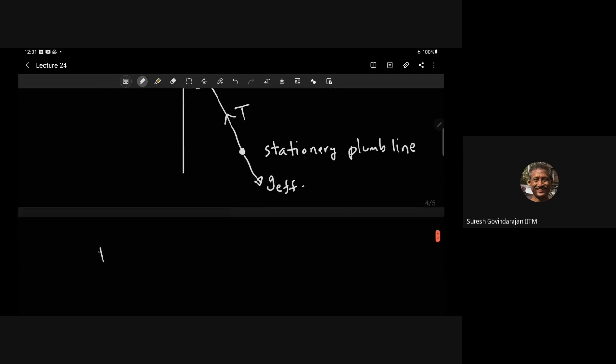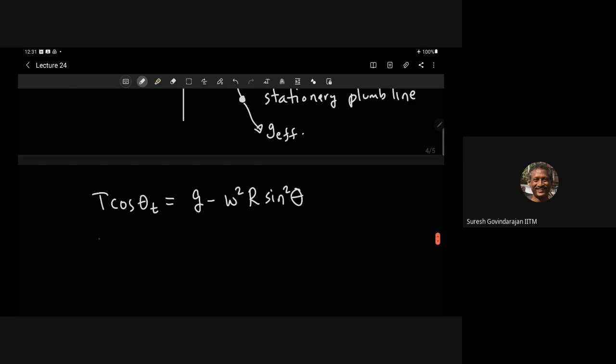We'll get T cos theta tilt will be G minus omega square R sin square theta. And T sin theta tilt will be along E1 prime, so that will be omega square R sin theta cos theta.